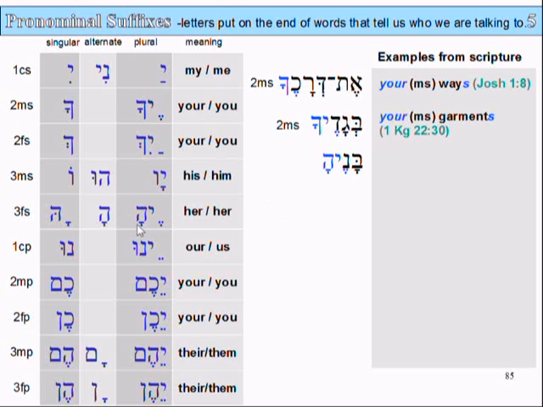This is the plural form. So it's her sons. Again, the plural is quite easy to tell because it has a yod preceding it, except strangely in this case here, where it's an exception. So that's the third person feminine singular, Baneha, her sons.